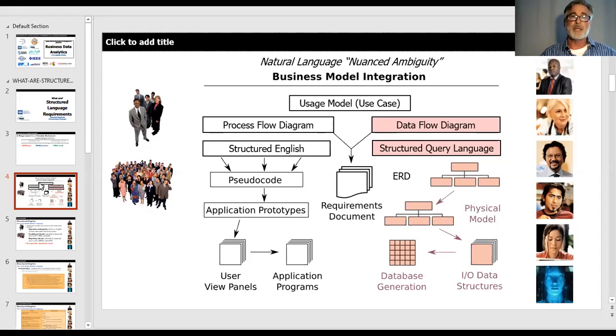And one of the things that we have to be prepared for is how to write requirements in order to engage the intelligence of the future. And those requirements, believe it or not, are going to be a mixture of both process and data. So starting with like a use case, you might have a process flow diagram and a data flow diagram.